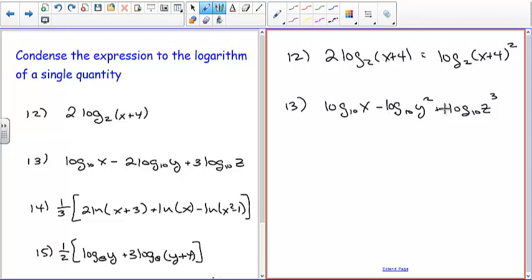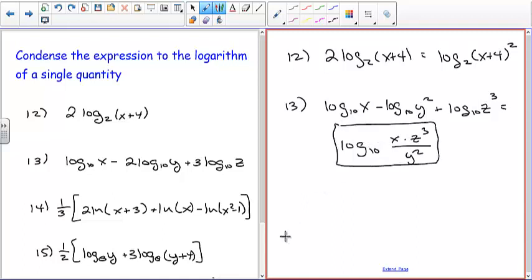These two are positive, so they're in the numerator. So the next thing you do, same base, this is in the numerator, this is in the denominator, this is in the numerator, and then you're done. So we got everything under one log.